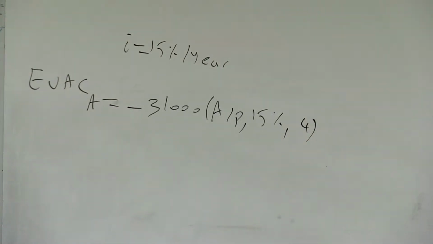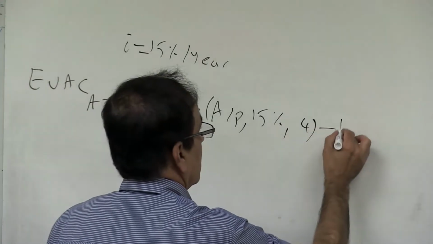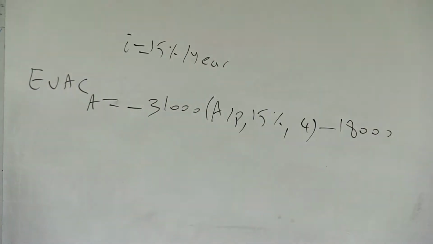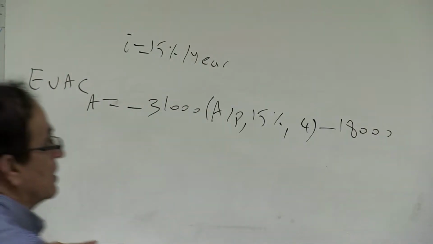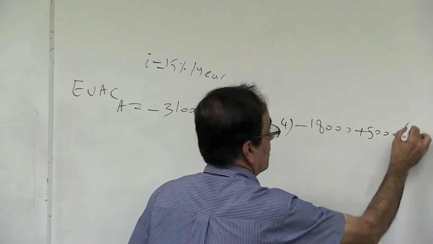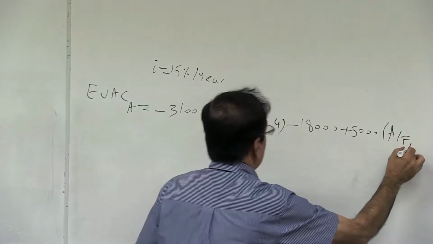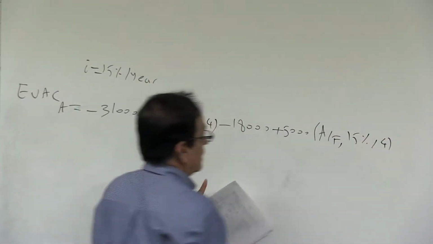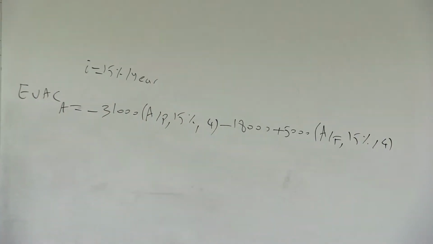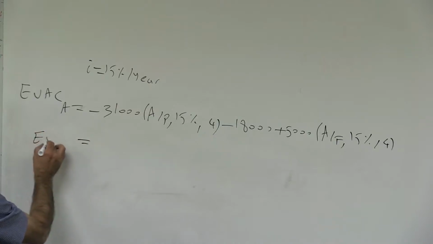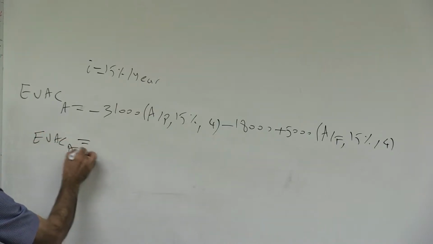Now the 18,000 is already uniform, so you don't have to do anything: negative 18,000. And the last one is the salvage value. That's positive. That's a future value, so you multiply by A given F at 15% and 4 periods. That's going to give the annual cost, or EUAC, for alternative A.